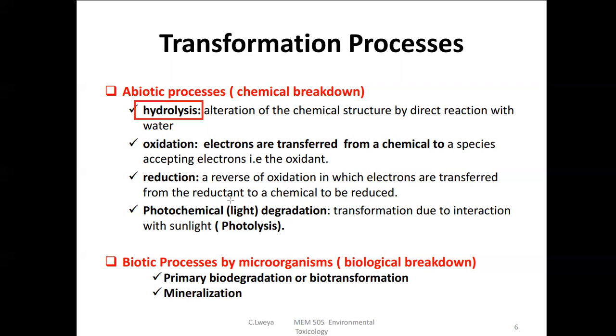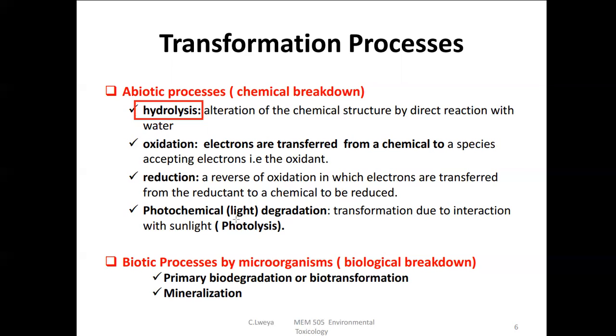An oxidant is a substance which receives electrons, and that substance is said to have undergone the reduction process. I don't know if you have gotten that, Mr. Regis. Yeah, it makes sense. Okay.